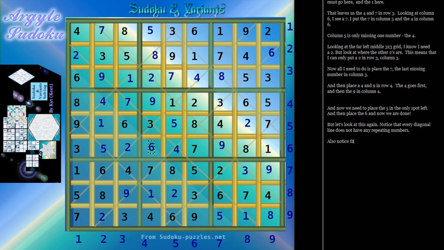Also notice that the numbers 1 through 9 are not all placed in any one diagonal line.